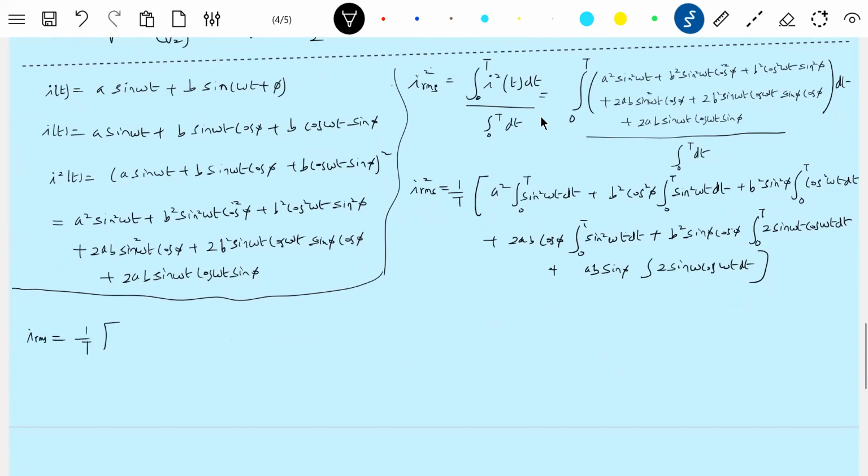I think I'll proceed here. This will be 1 by T. Oh, sorry, T by 2. Cos square phi sine square omega t, this should also be T by 2.